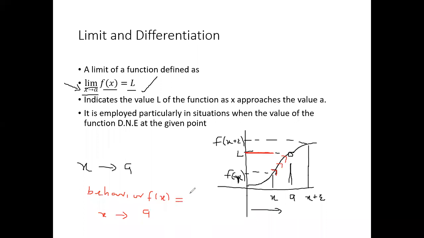It is equal to a certain value L, meaning the value of the function at the point A appears to be equal to L. The same way, this time we're going from the left hand, left to right.